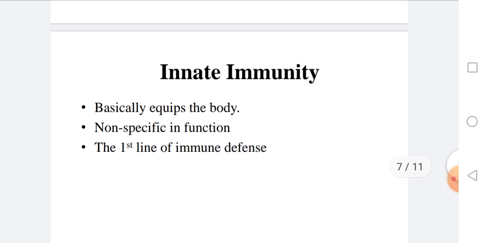Innate immunity. Basically, it equips the body. That is to say, it is part of the anatomy and physiology of the body. It is non-specific in function, as I have just mentioned. It is the first line of immune defense.